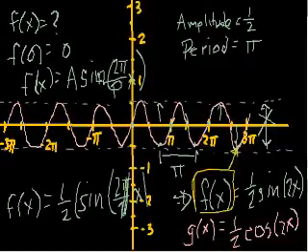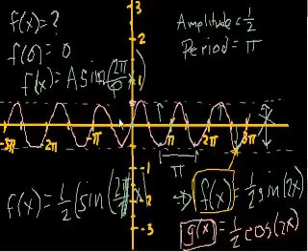And now g of x. So when x is 0, what is g of 0? Let's put 0 in here. So this whole term will become 0. What's cosine of 0? It's 1. And 1 times 1/2, so g of 0 is 1/2. So we would start here.